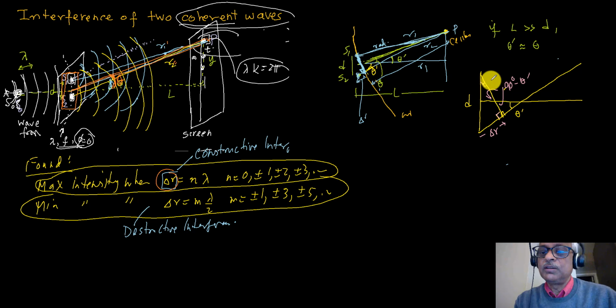So this will become theta prime, and theta prime is the same as theta in this approximation.